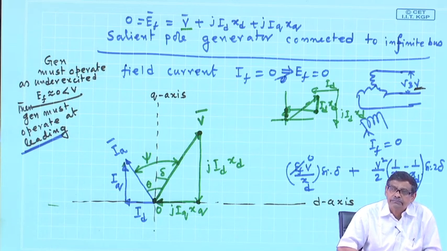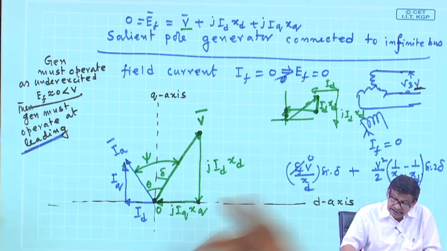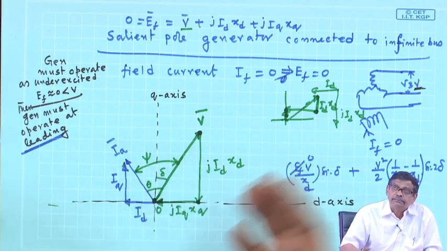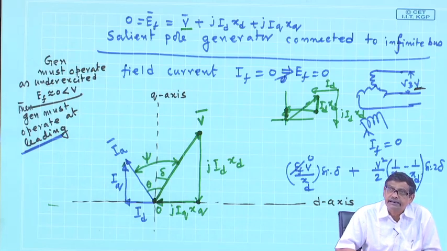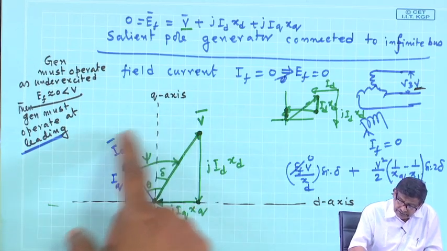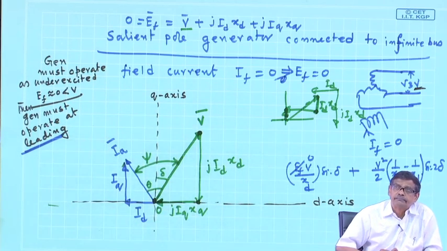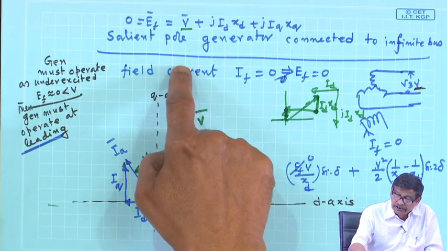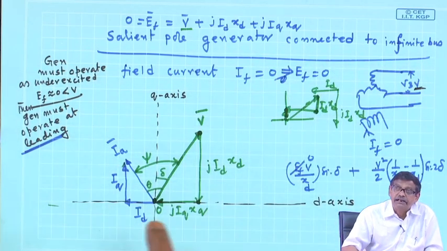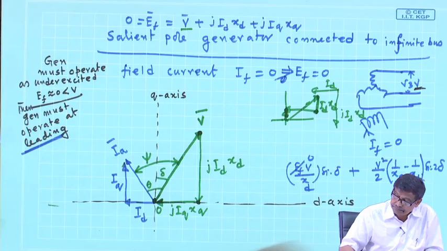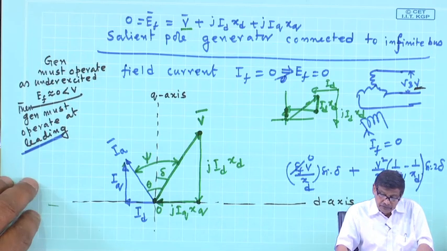Why? Because EF is 0, which is much less than the length of V, therefore it is an under excited machine. So, this is the phasor diagram of a synchronous generator connected to infinite bus. Over.